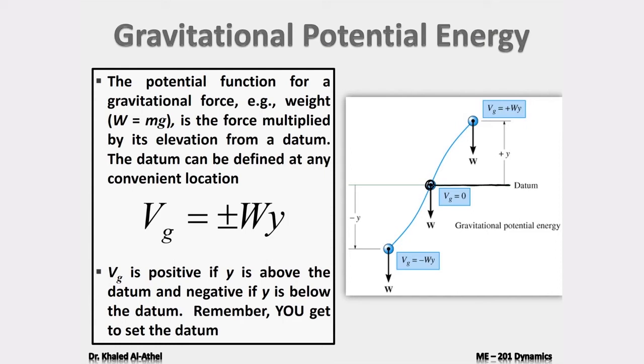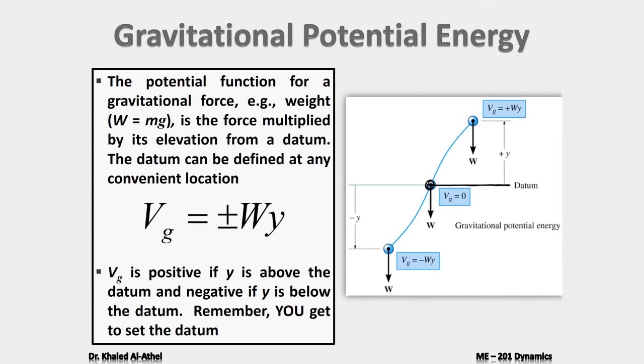A datum is a horizontal line that you define, and it's up to you where to define it. You have absolute freedom where to put it. Just keep in mind that you have to choose something suitable, meaning that you know the distances. Don't pick a datum where you don't know the distance between that datum and the point. Pick something where you know the dimensions.